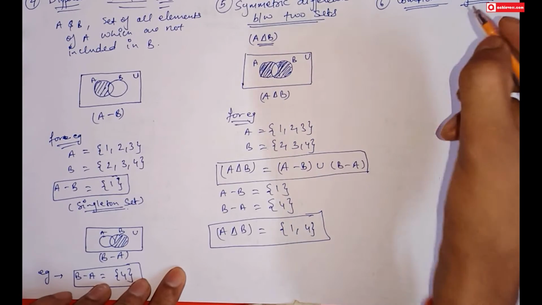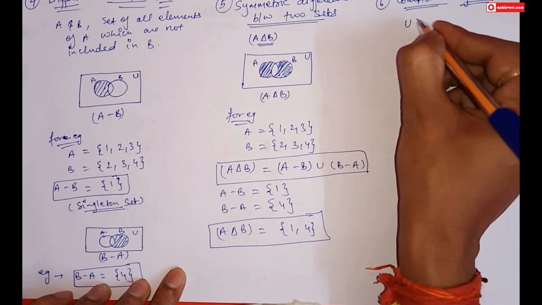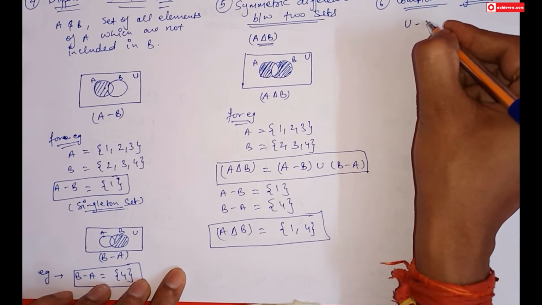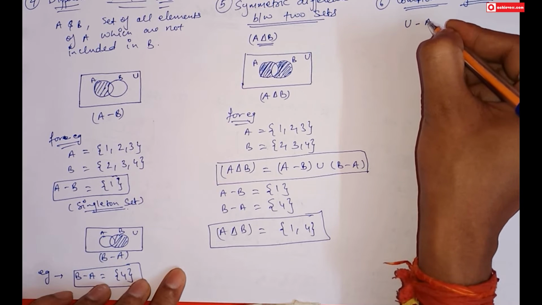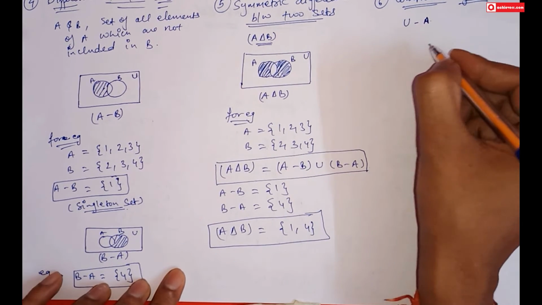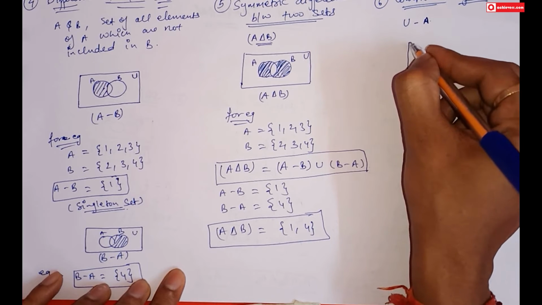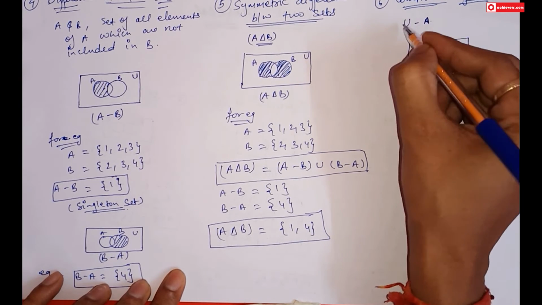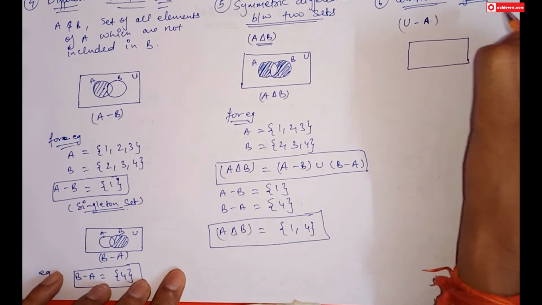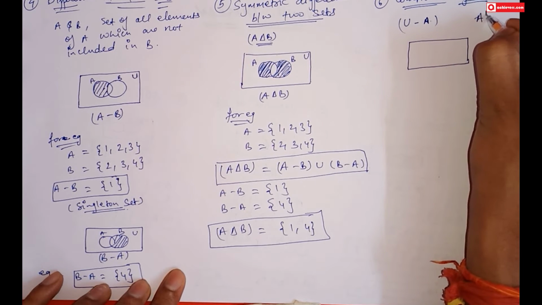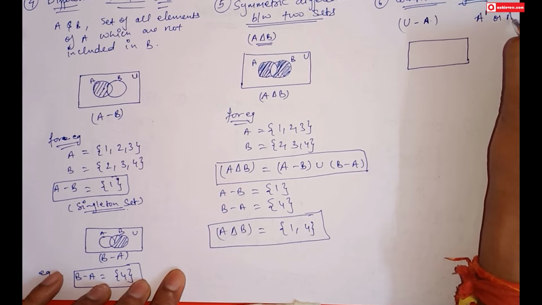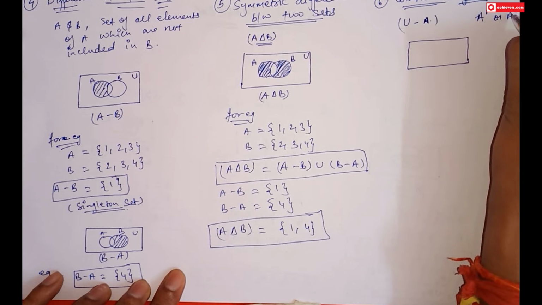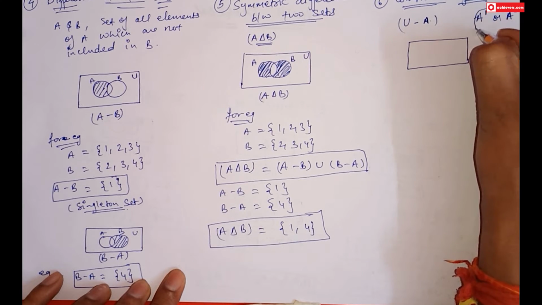So complement means the universal set minus, suppose we have set A, so universal set minus set A. For example, we have a set A and it is represented by A complement, either by a dash or we can write a C just above the A. So this is the representation.